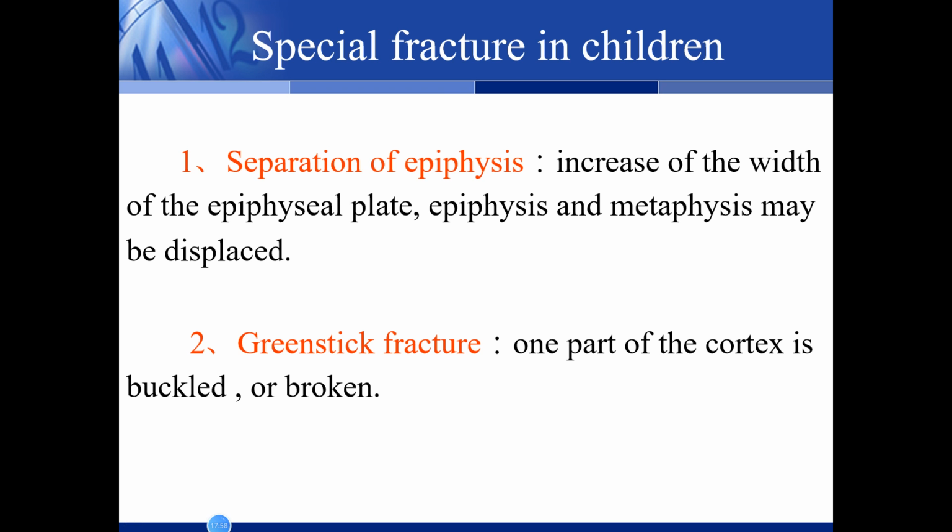Special fractures in children. 1. Separation of the epiphysis. 2. Green stick fracture. These two fractures just happen in children, so we will learn about them. In the separation of the epiphysis, the width of the epiphyseal plate is increased, and the epiphysis and metaphysis may be displaced.